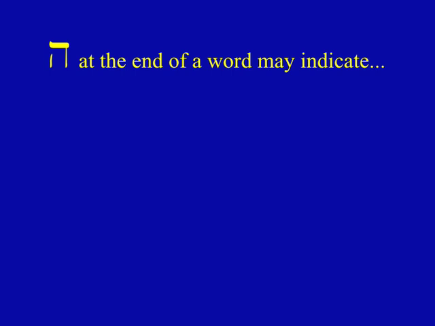So hey at the end of a word may indicate not the h sound, but the long vowel ah. Now, I'm going to make a preemptive move here. In English, the A with a line over it, you probably learned in elementary school, represents the A sound.